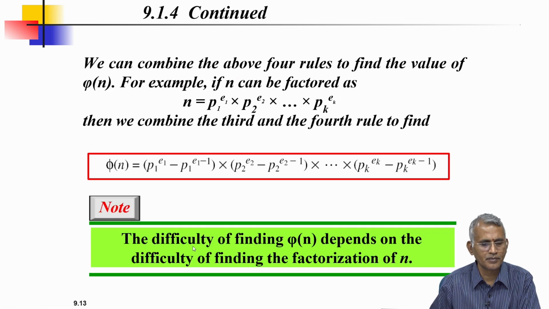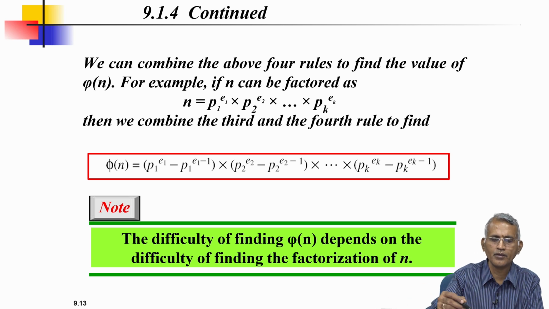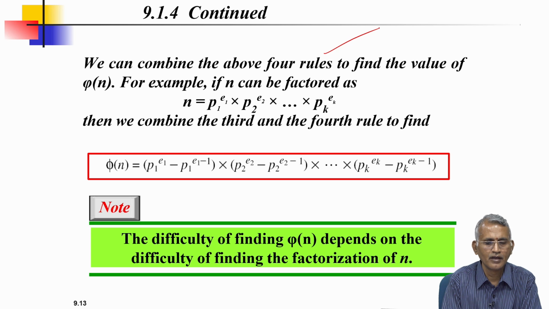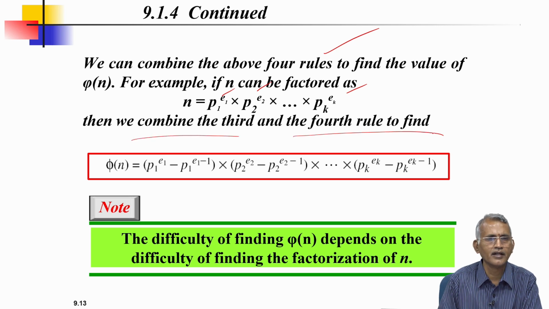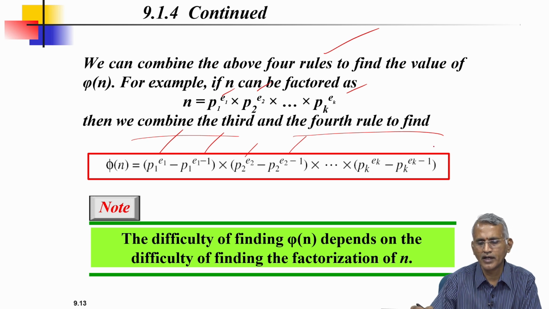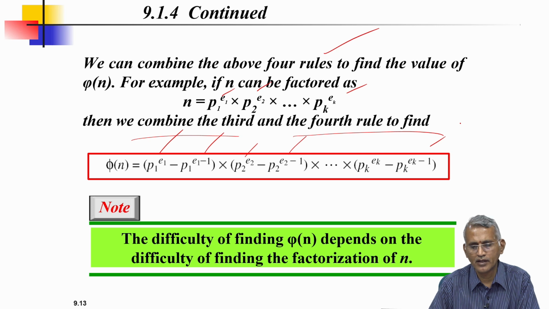Now, combining the above four rules to find the value of phi of n. For example, if n can be factored as a product of prime powers, n equals p1 power e1 into p2 power e2 and so on up to pk power ek, then we combine the third and fourth rules to get phi of n equals p1 power e1 minus p1 power e1 minus 1, into p2 power e2 minus p2 power e2 minus 1, and so on, up to pk power ek minus pk power ek minus 1.